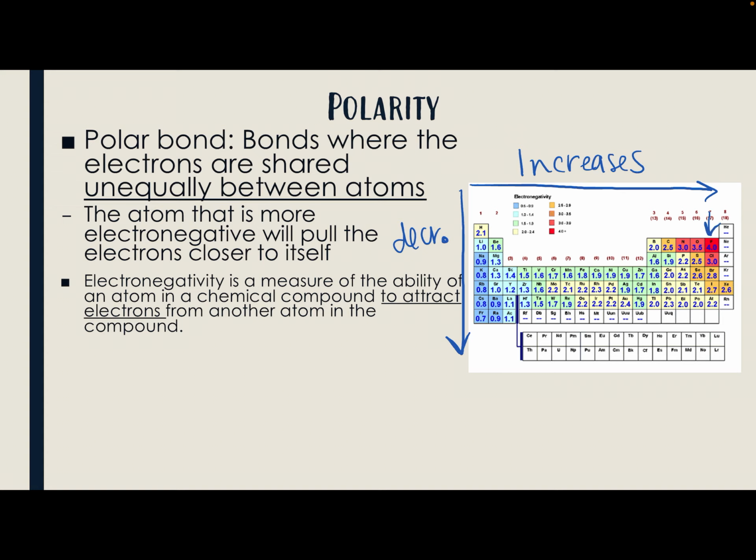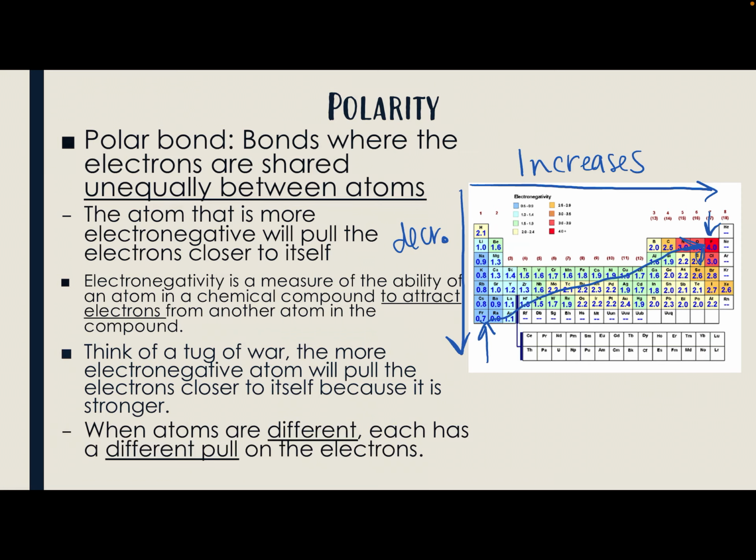Fluorine will pull electrons from anyone, whereas francium is the least electronegative. So think of strength increasing this way. The stronger the atoms, the more electronegative they are, which means they're more likely to pull electrons to itself. So think of a tug of war. The more electronegative atom will pull electrons closer to itself because it is stronger.